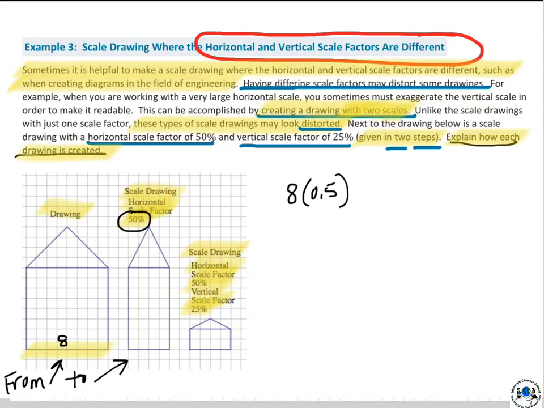If we apply that 50% scale factor, the way we calculate our new width is 8, the original width, times the scale factor, which is 0.5, the same as 50%. And therefore we come up with 4 as the new width of the scale drawing. You can see that's what happened right there. Pretty obvious. So nothing changed vertically.